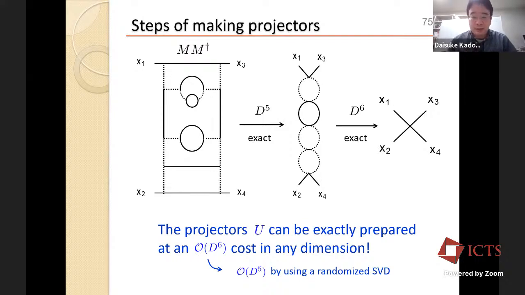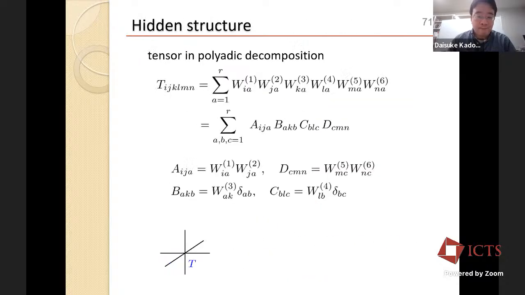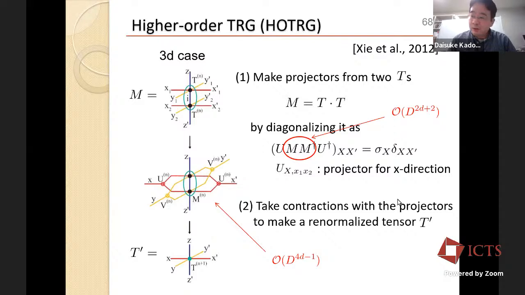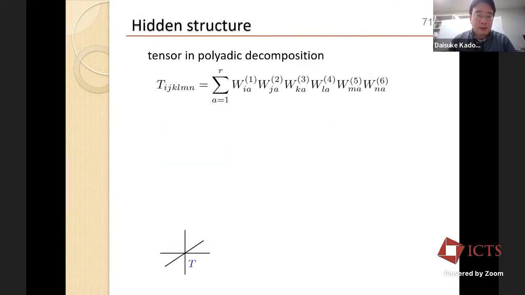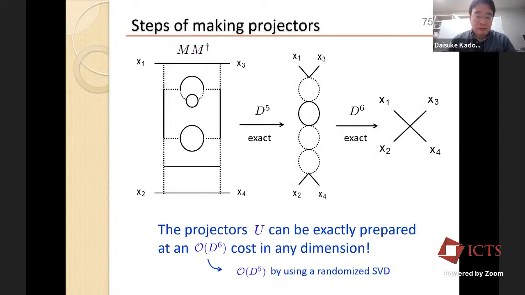In HOTRG, the cost of making the projector is proportional to D to the 2D plus 2. On the other hand, in the triad TRG case, the cost of making projectors does not depend on the dimensionality, but is D to the 6 in any dimension.